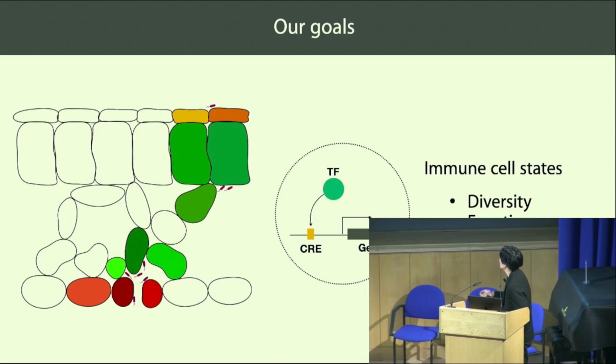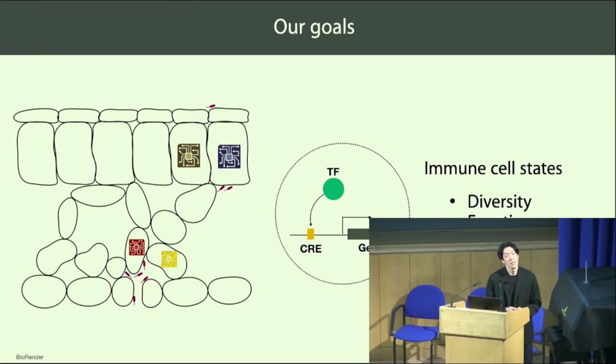Okay, so our lab is really interested in understanding immune cell states for their diversity, function, regulation, and communication. And after getting a fundamental understanding of those, we might be able to engineer immune cell states in a very targeted way.